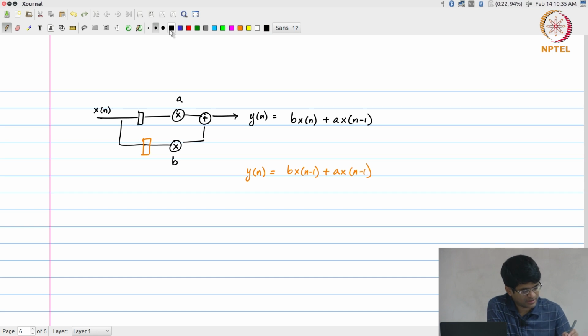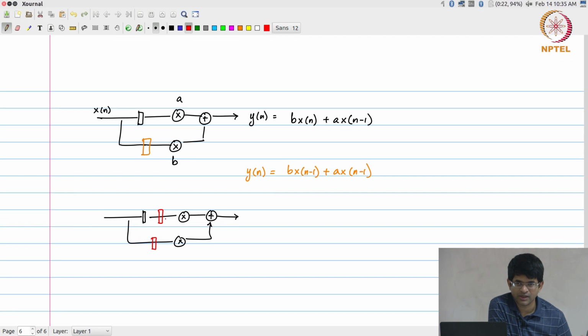But on the other hand, supposing I had something of this sort and I introduce one over here and one over here. Now, what happens? I have essentially got y of n equals b x of n minus 1 plus a x of n minus 2.